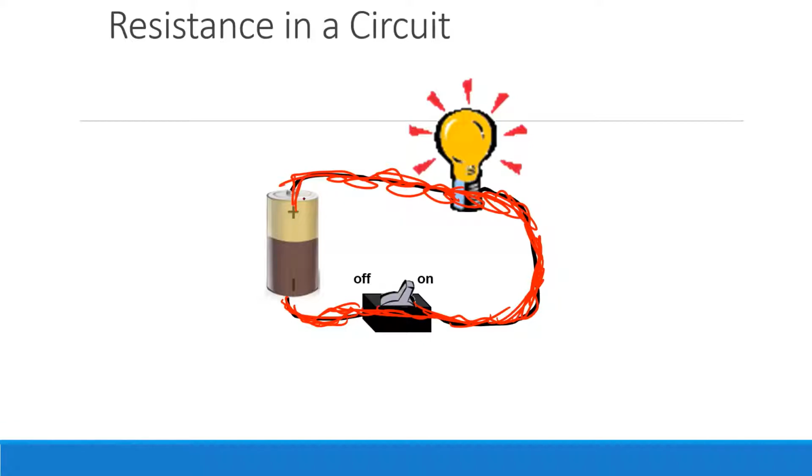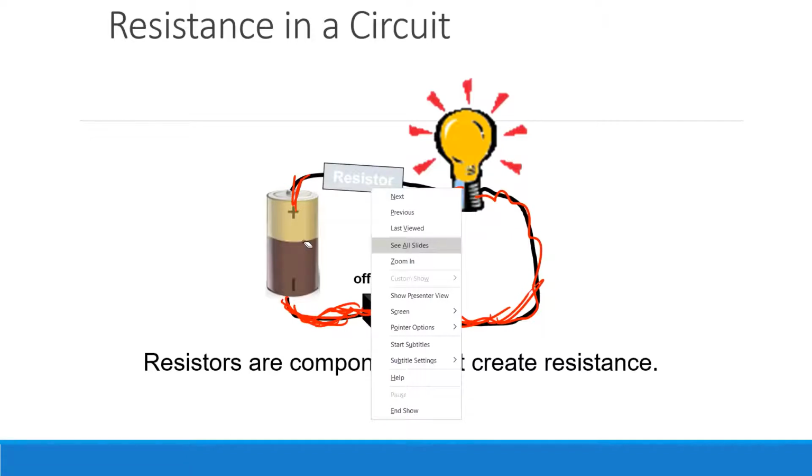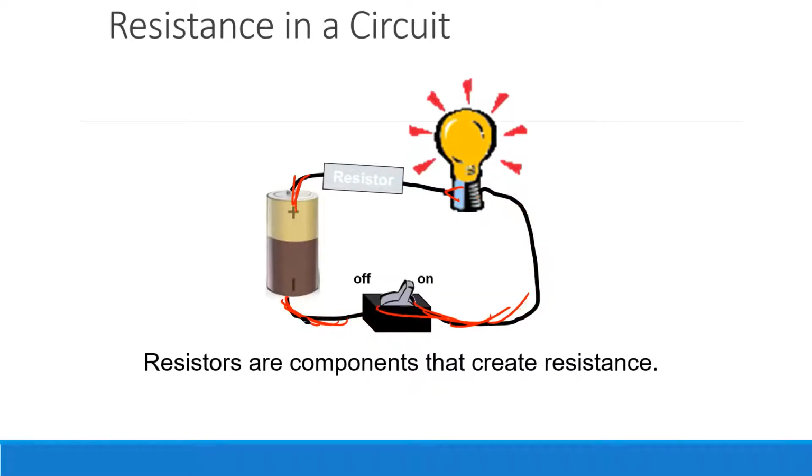But if I put a big resistor into that circuit, suddenly that's going to affect things. Because now the resistor, just like the rock, means that only a little bit of current can get through per second because it's impeding the flow. So only a little bit of current can go through the whole circuit.